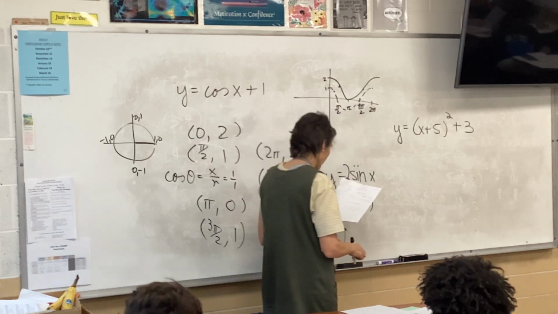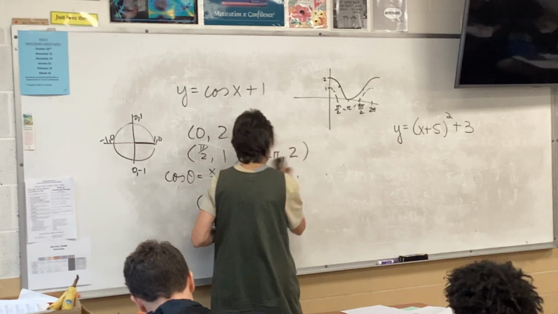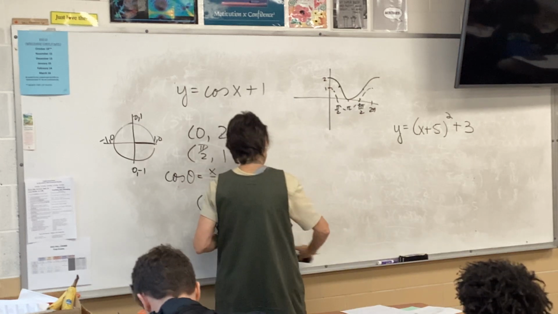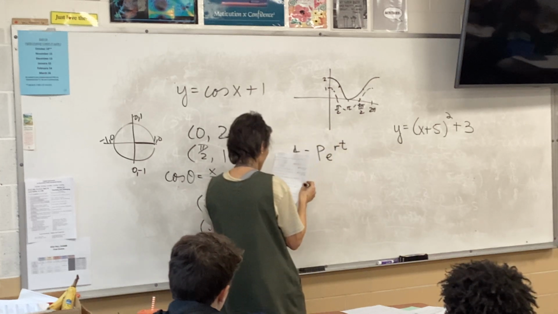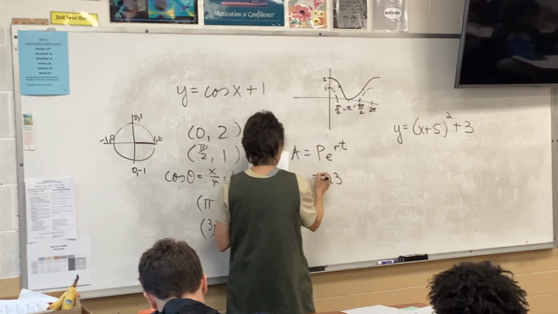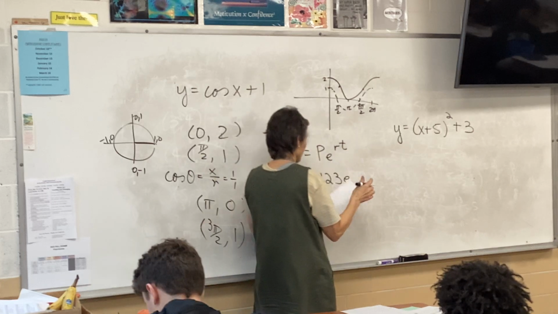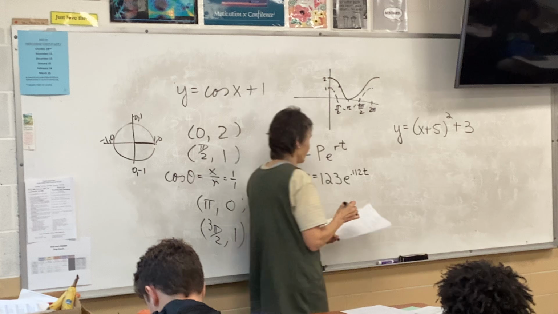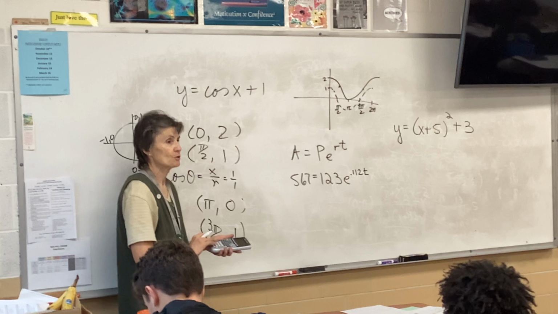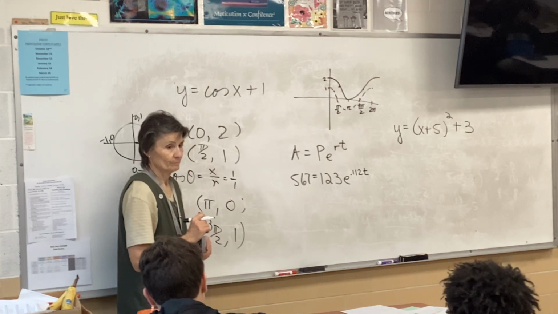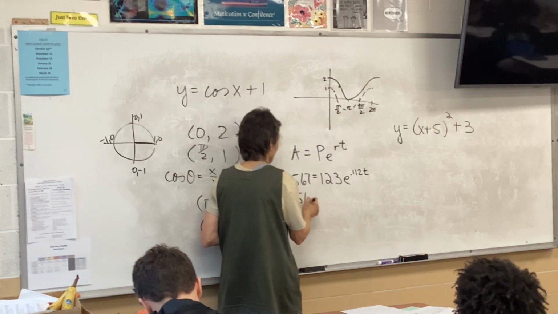All right, what formula do we use when we're talking about bacteria? PERT. So we're going to use PERT. And we need to know how long it will take for 123 to become 567 if their growth constant is 0.112. Remember, any percentage needs to be changed into a decimal, right? So what's our first step? Divide.